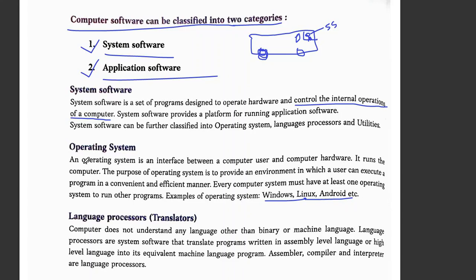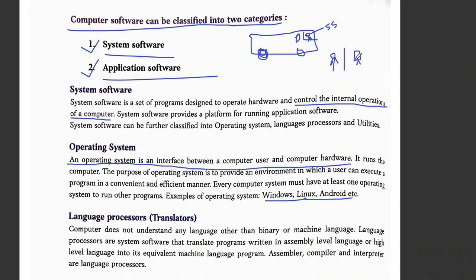So what is an operating system? An operating system is an interface between the computer user and the computer hardware. What is the operating system? It is an interface, meaning suppose it is a connection. This is the user and this is the computer hardware.